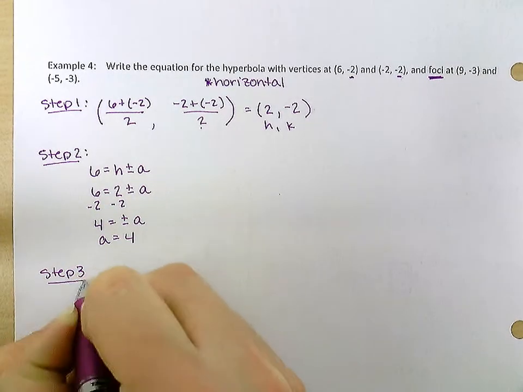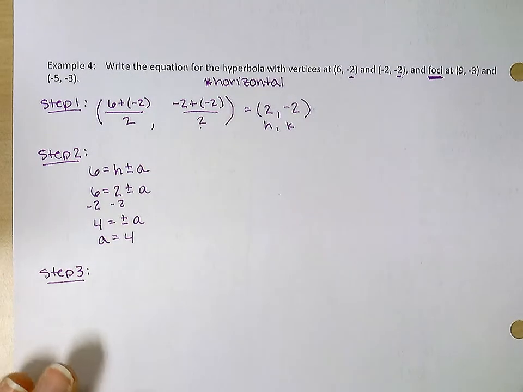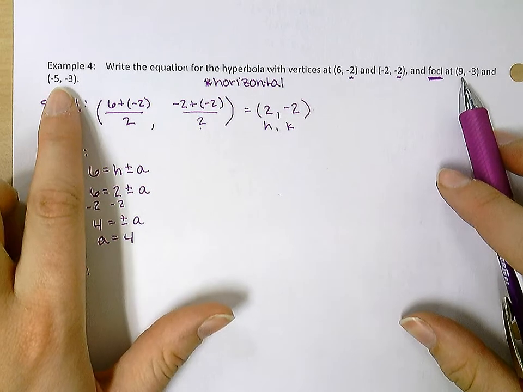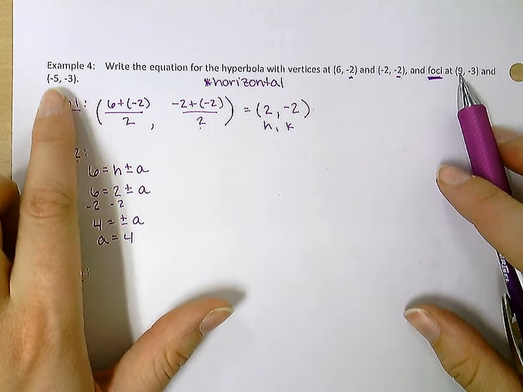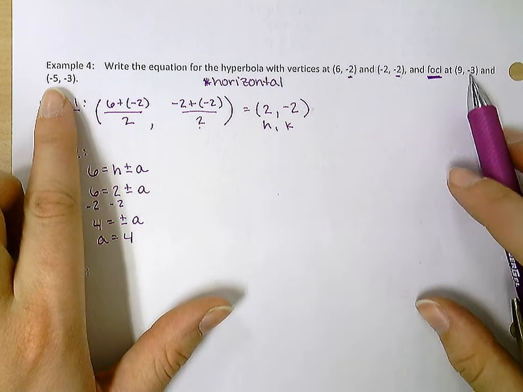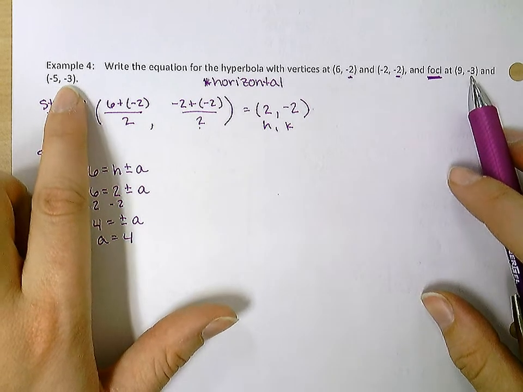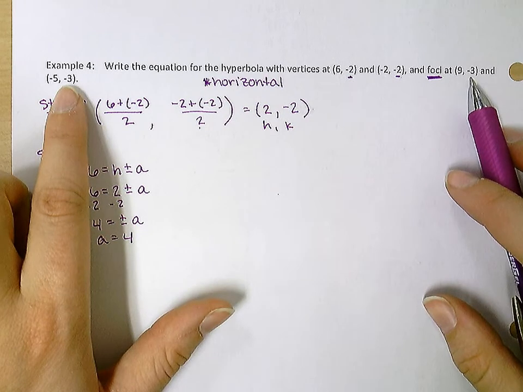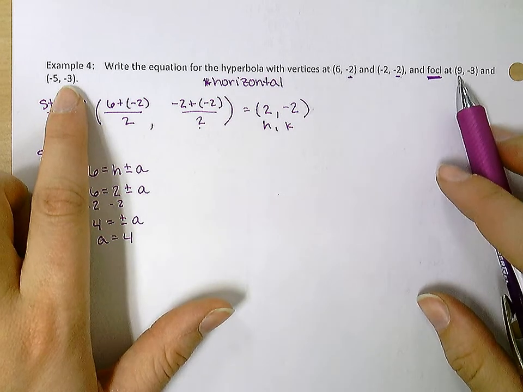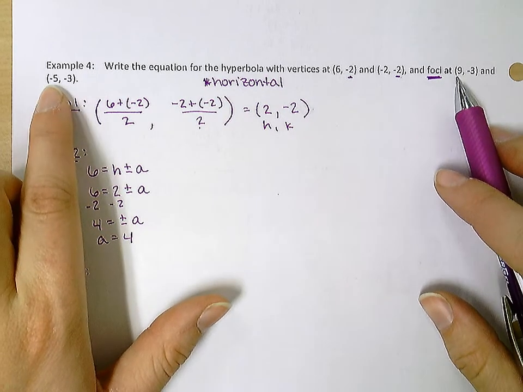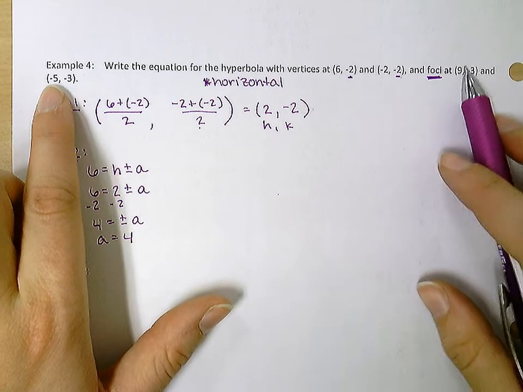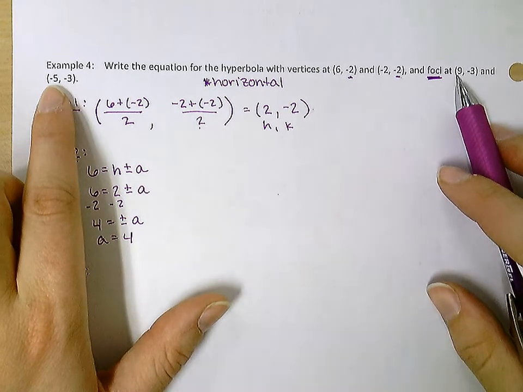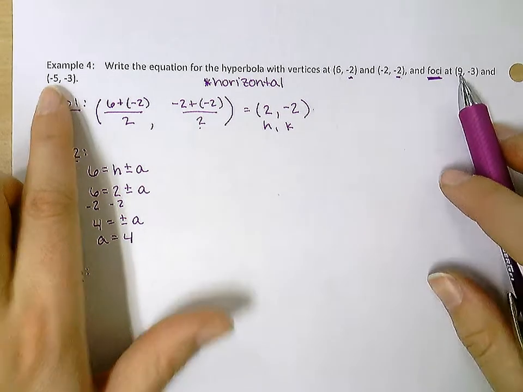Okay, so step 3, we're going to find c using our two foci. Just like with your vertices, you want to see which value, x or y, changes. In these ones, my y value is both -3, so that's not the value I want to use for this equation. I want to use one of the values that change between the two. I usually pick the positive one, but you can use -5 as well. But I'm going to use 9.